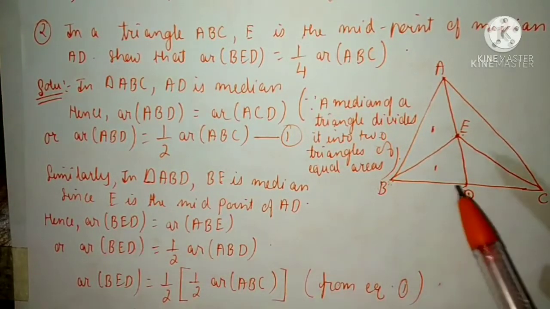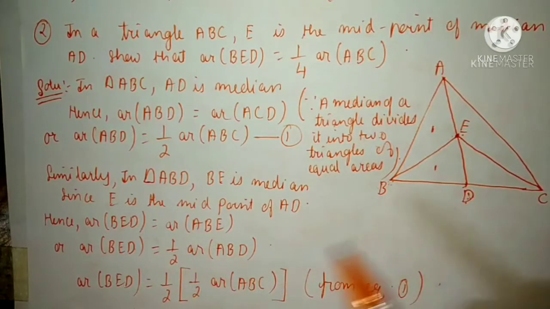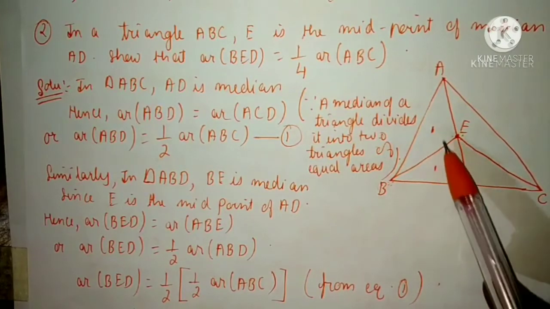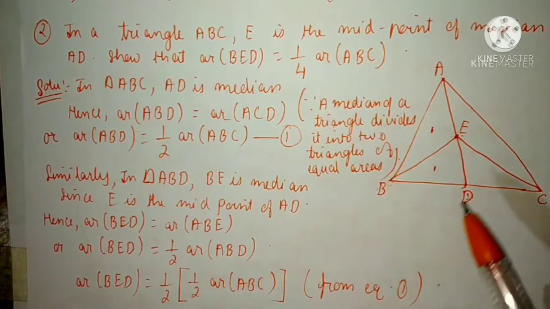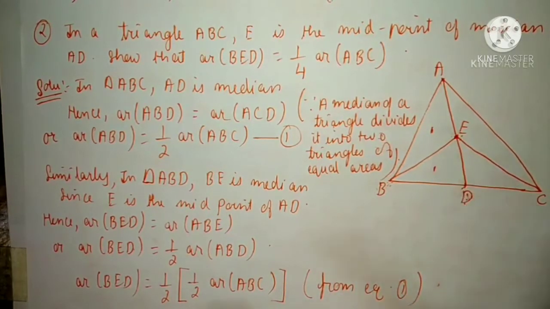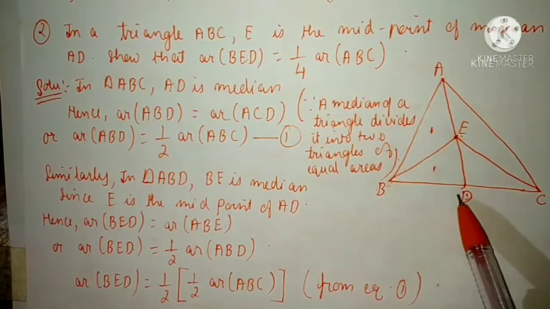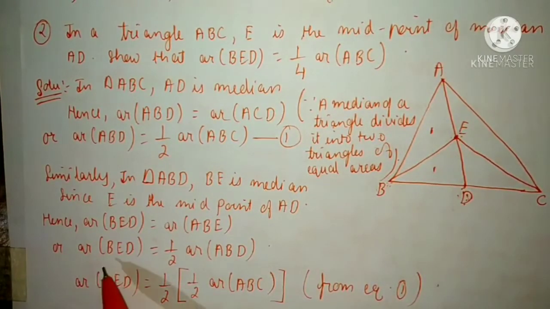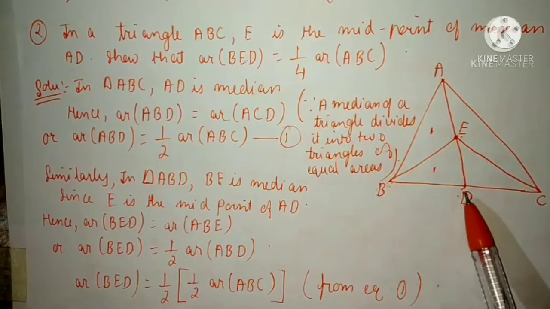So area of BED is equal to area of ABE. Now if the area of these two are equal, then we can say that area of BED will be equal to half of this full triangle. So area of BED is equal to half of area of ABD.